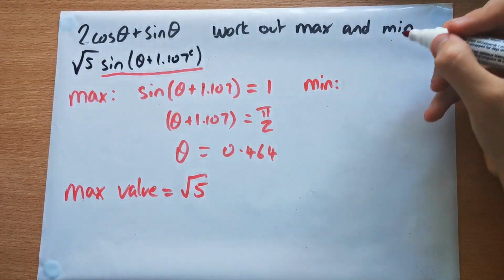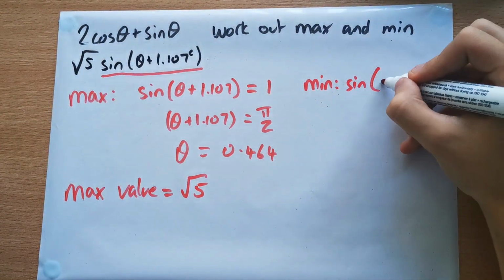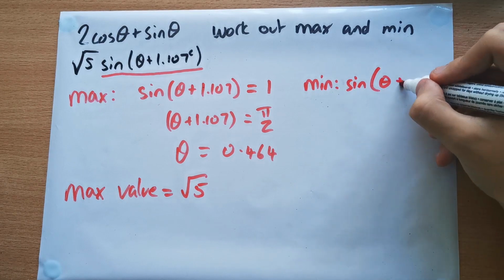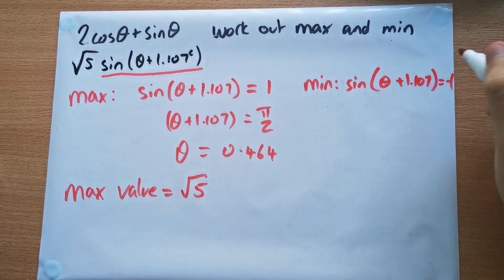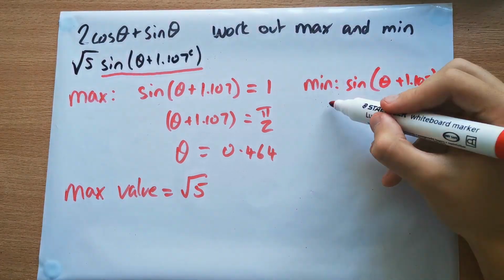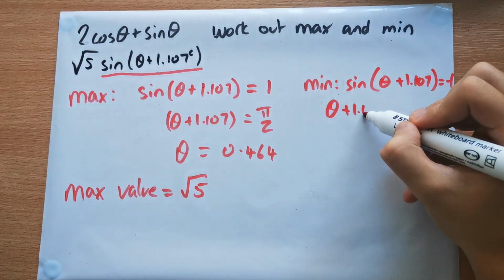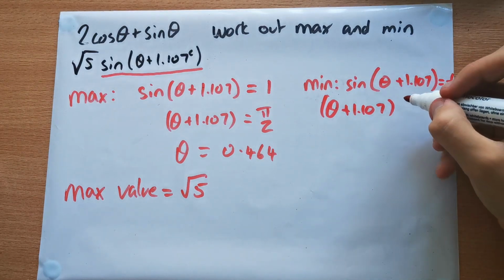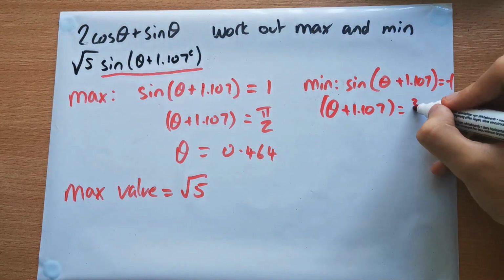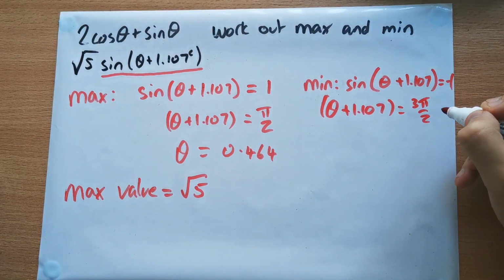The minimum, so we want sine of theta plus 1.107 to be equal to minus 1, because that's the lowest that sine can go. And so theta plus 1.107, we want it to be equal to 3 pi over 2.